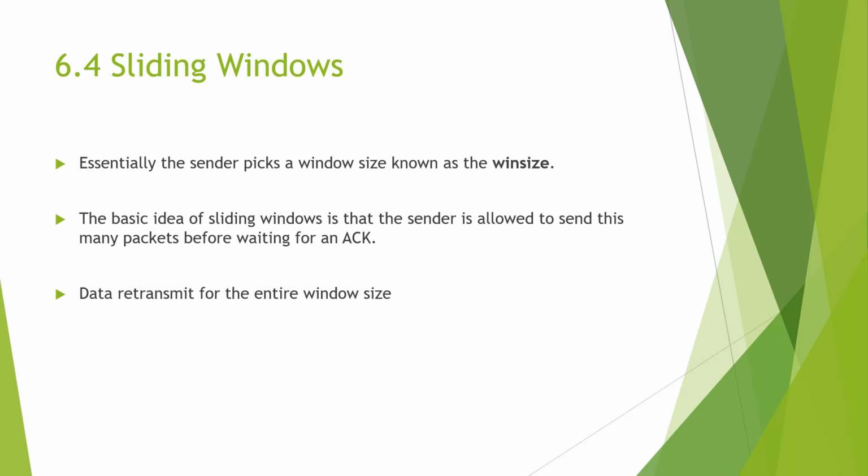However, if one of the 5 packets doesn't arrive, well, you don't get an acknowledgement for that. So all 5 packets have to be retransmitted. That's an issue. UDP can actually use sliding window, but in UDP, the window size is a fixed length.